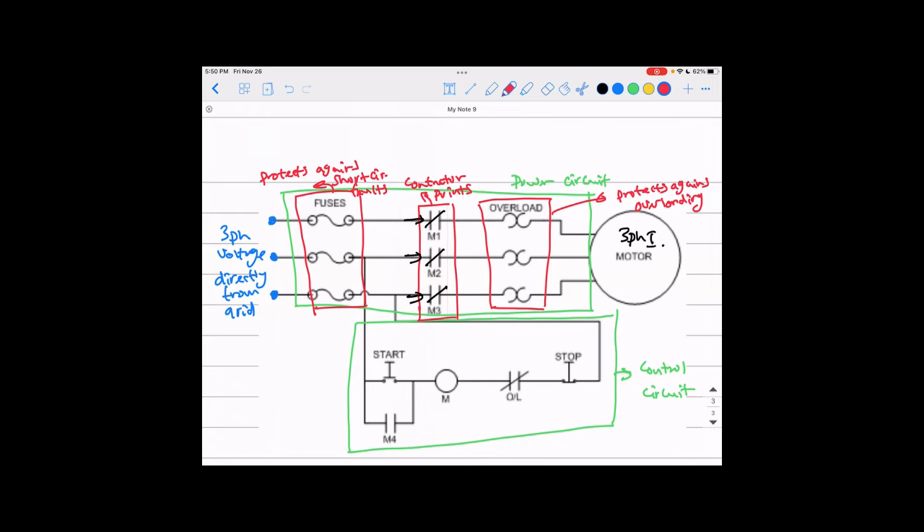Can't we just use the overload, since you will sense any increase in the current anyway? You don't need a fuse? No, from a protection perspective, you need to discriminate this fault. You want to know if the problem is a short circuit, where you need a fuse to pick it up quickly, or an overloading, where you can leave it a little bit of time if it's just temporary and it will go back. Okay guys?